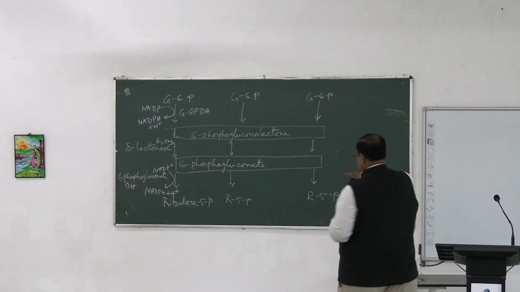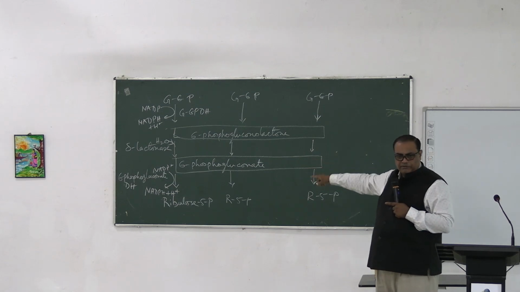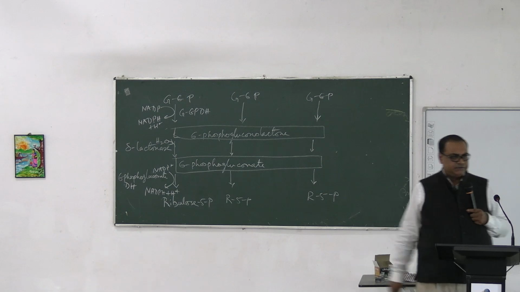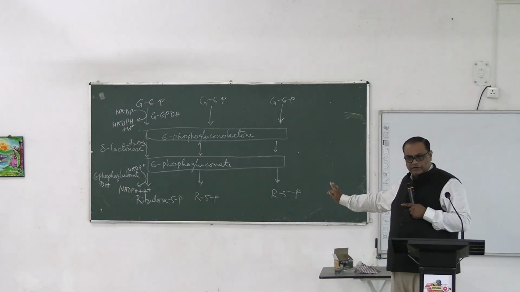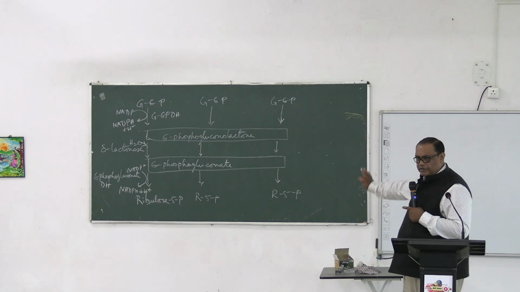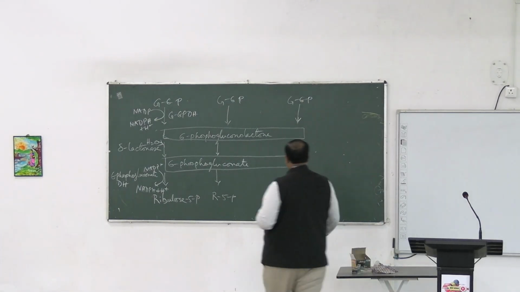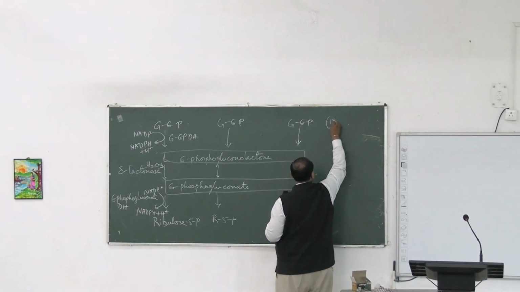Previously I just put it in a single block. But from here onwards, we have to write discretely, separate names. Same thing, ribulose 5-phosphate, ribulose 5-phosphate, ribulose 5-phosphate. So we started with how many carbon?